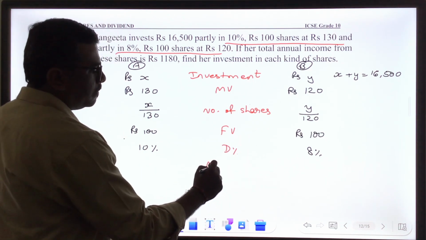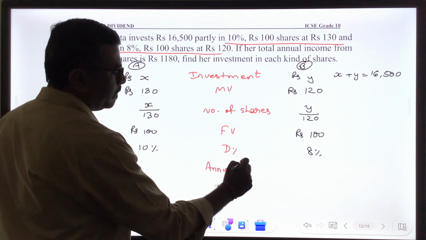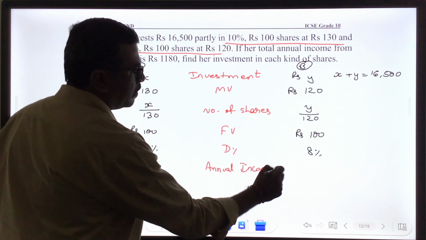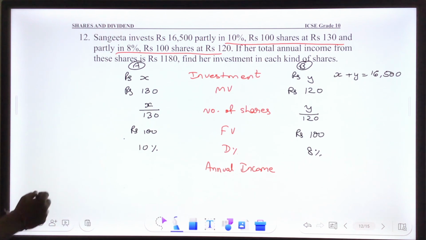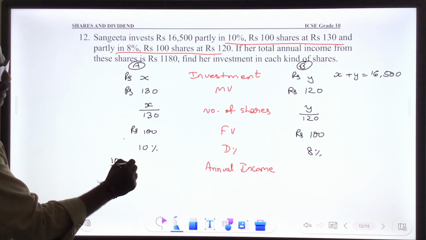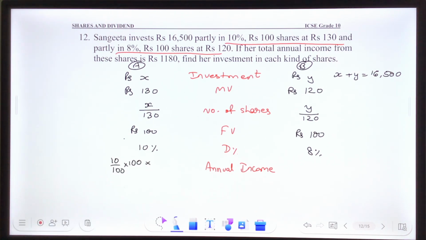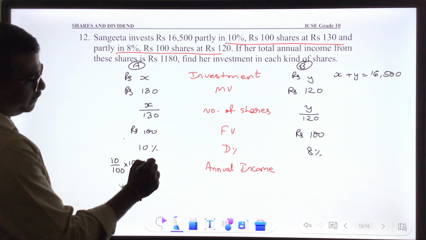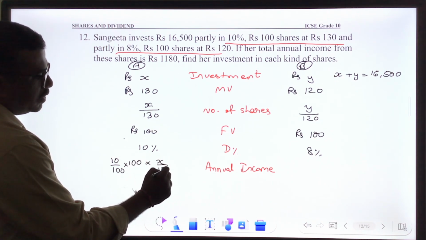So annual income in company A will be rate of dividend on face value, 10 upon 100 into 100, into number of shares, that is X upon 130.